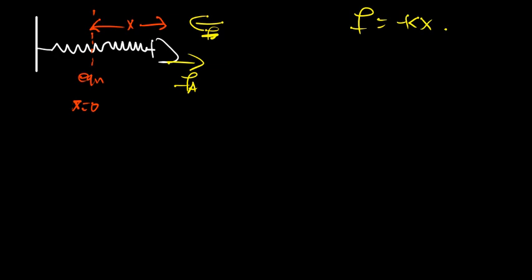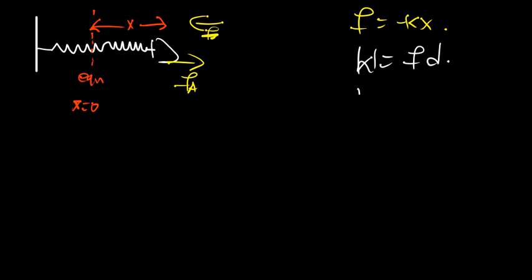Now, if I take you back to semester 1, to work, energy and power, I told you, and you have been watching my videos, that work is equal to the force times the distance. In this case, we have the resultant force, and the distance we're talking about is x.